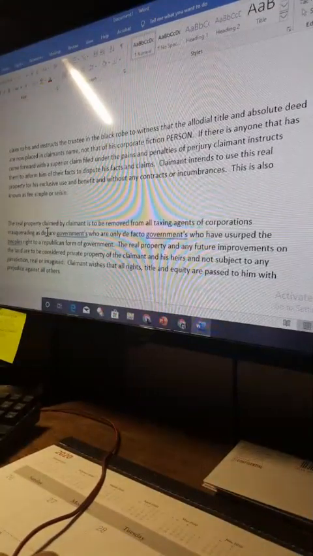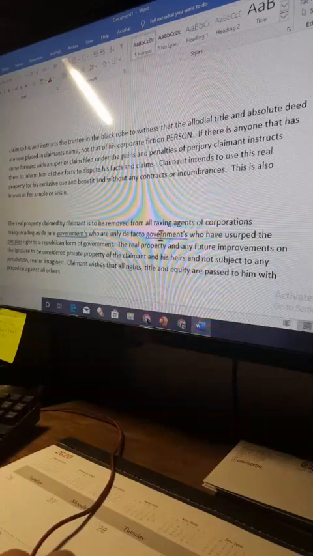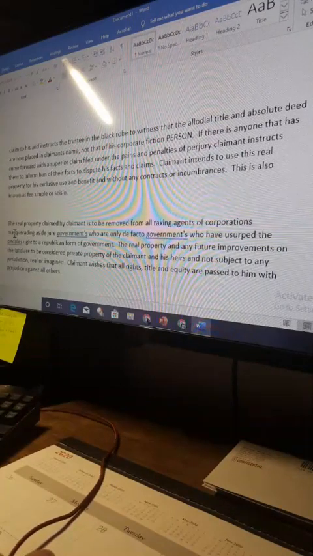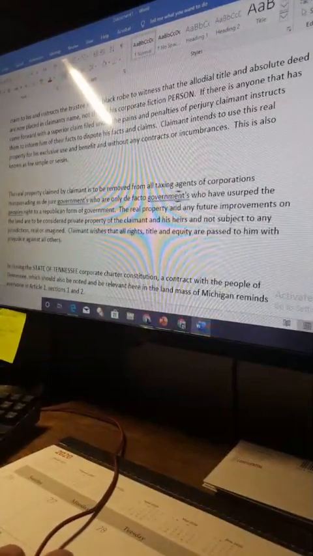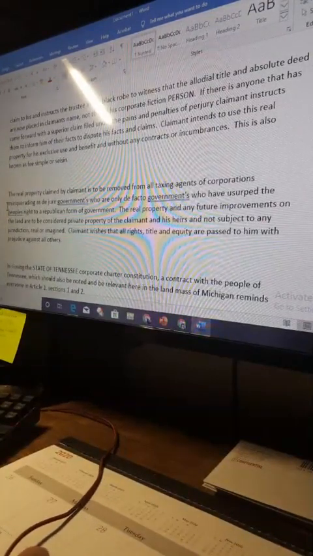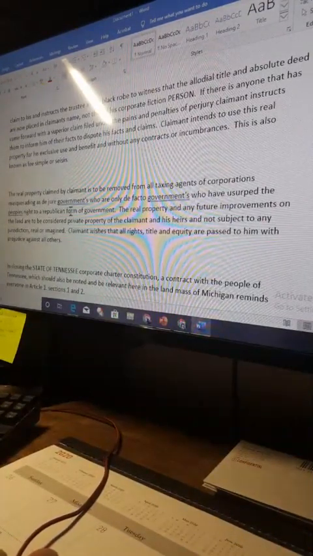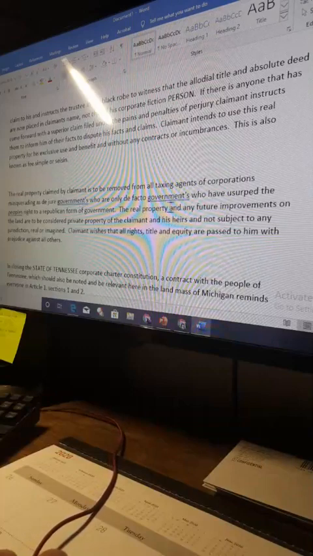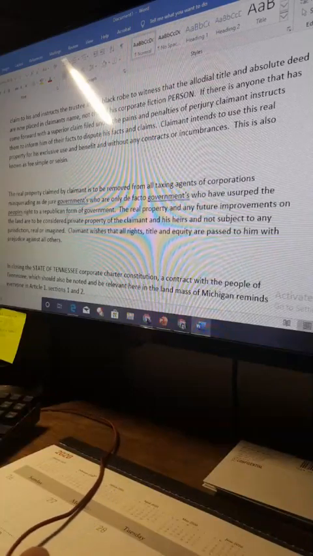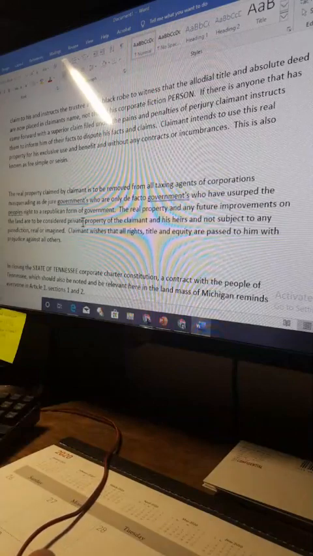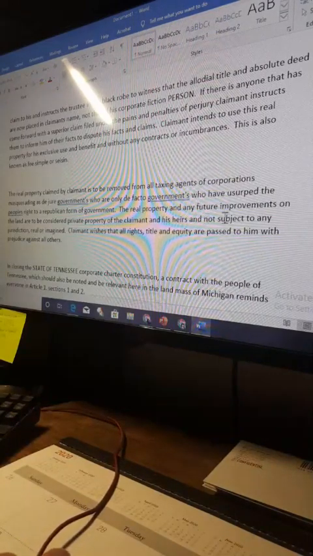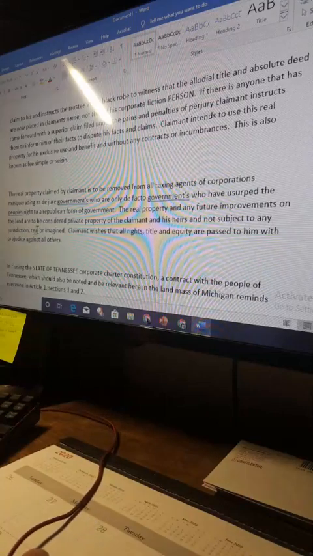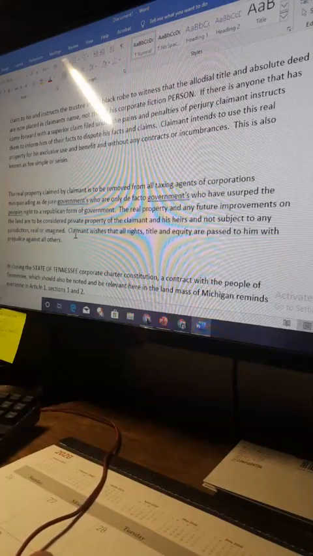The real property claimed by claimant is to be removed from all taxing agents of corporation, masquerading as de jure government, who are only de facto governments who have usurped the people's rights to a republican form of government. The real property and any future improvements on the land are to be considered private property of the claimant and his heirs and not subject to any jurisdiction, real or imagined.